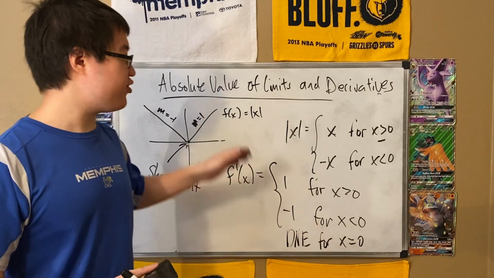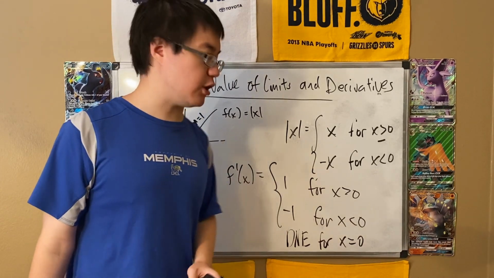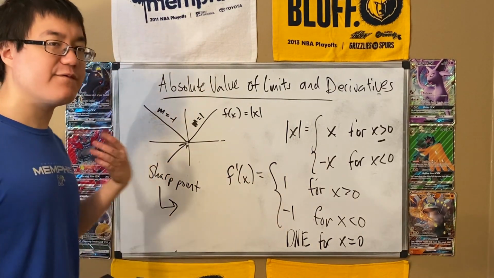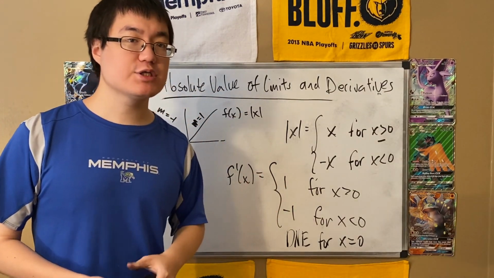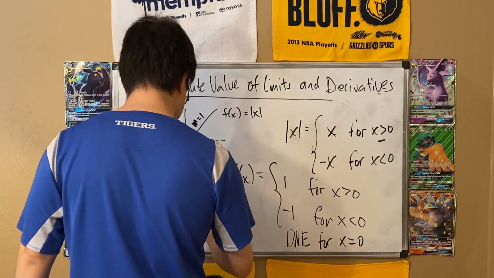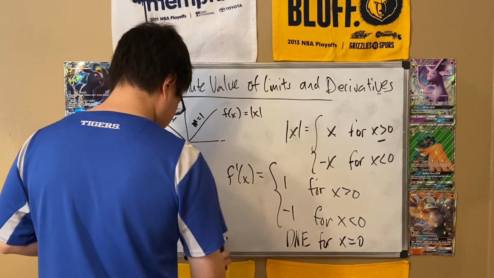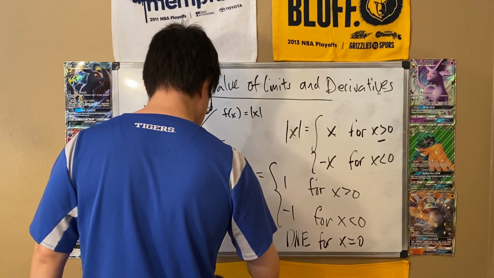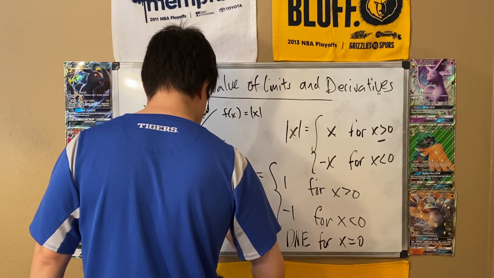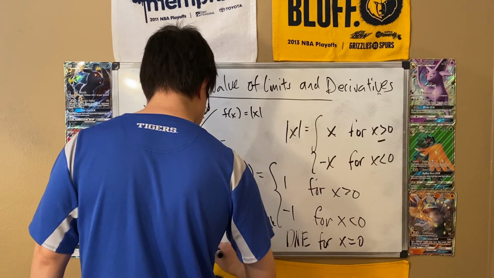You have to worry about the things that make the absolute value equal to 0, because then you might be forming sharp points. And the sharp point is the canonical example of a function that is continuous at a point but not differentiable. So f is continuous but not differentiable at the sharp point.